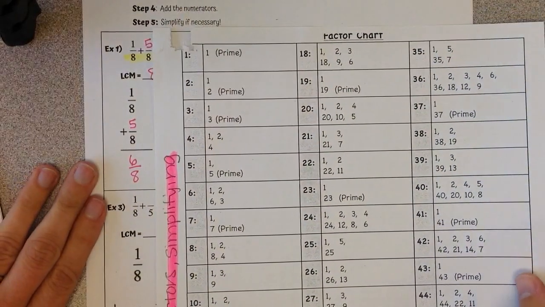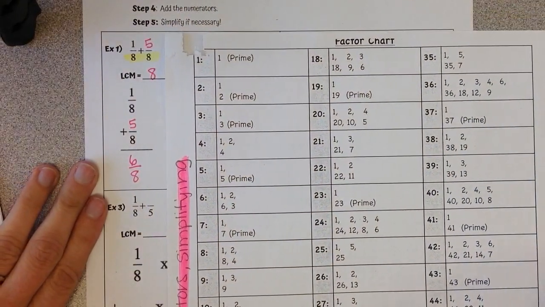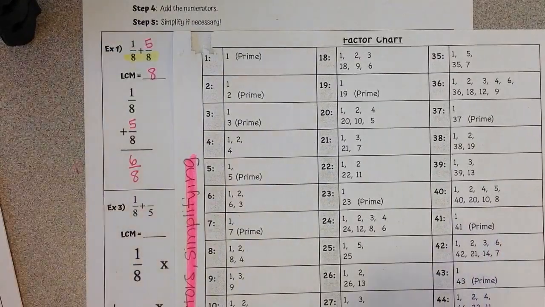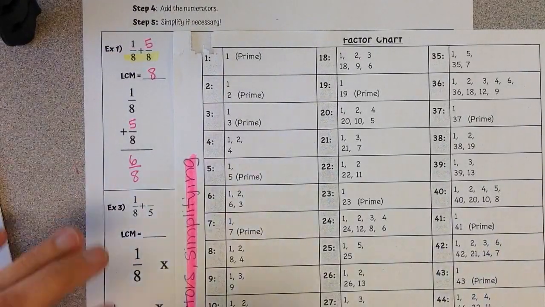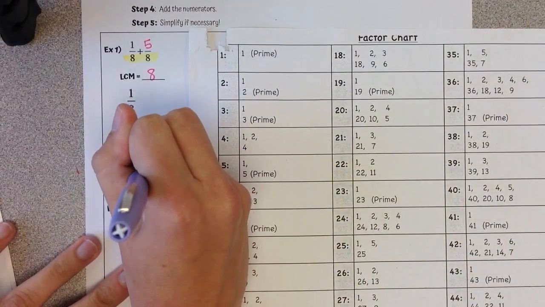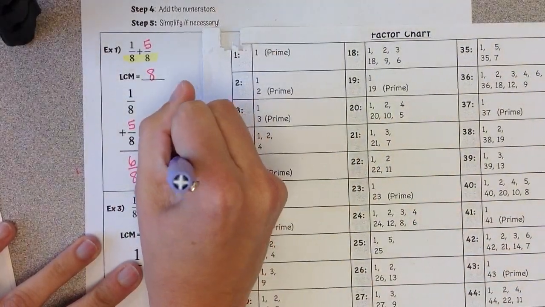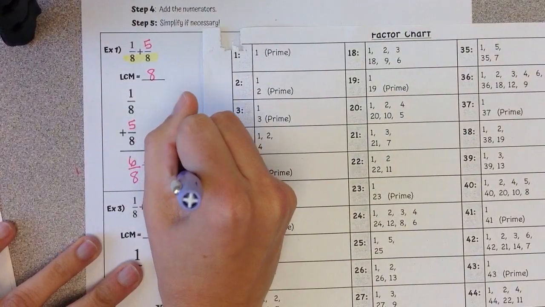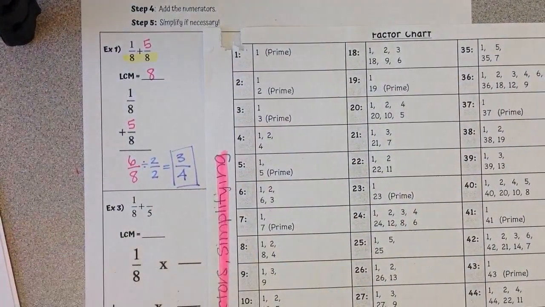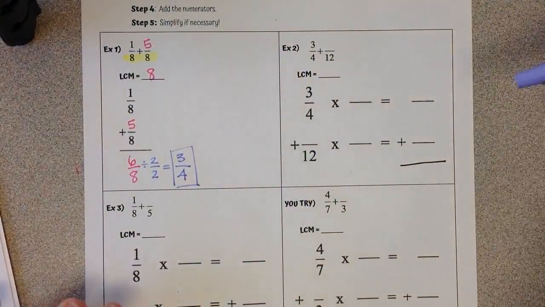So that's when you're using your factor chart, looking at 6 and 8. What do they both divide by? They both divide by 2. That is their GCF. 6 divided by 2 is 3. 8 divided by 2 is 4. So our simplified answer is 3/4.